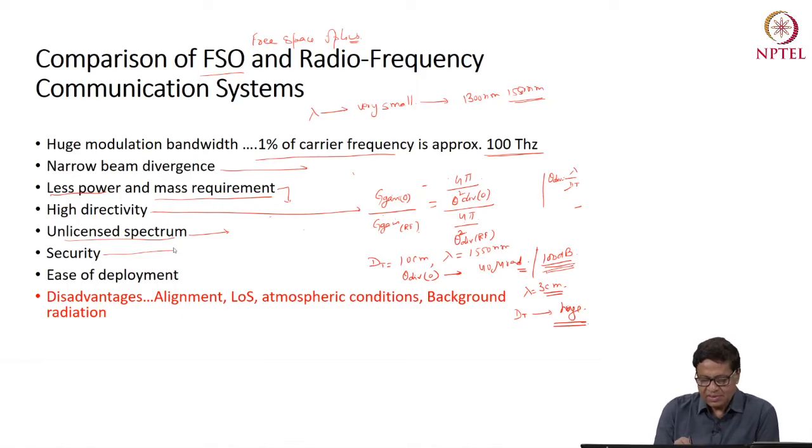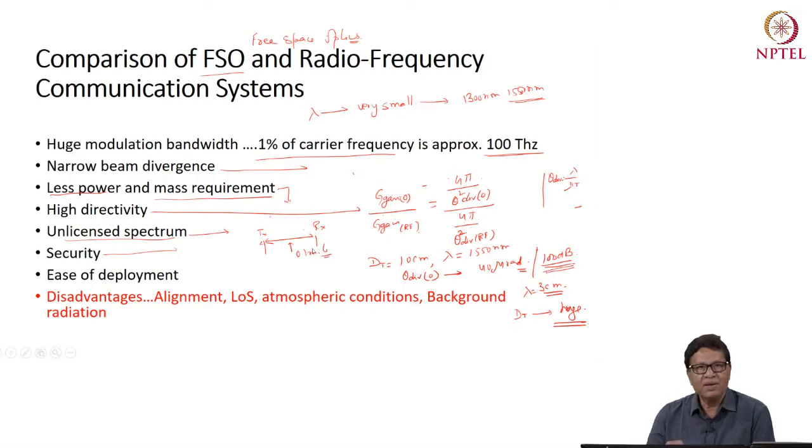Another advantage is security. If you want to tap an optical wireless channel, you have to come very close. For example, this is your TX, and this is your RX, and this is generally point-to-point communication. So you have to be very close, of the order of 0.01 mile, close to the beam. Only then can you tap some information.